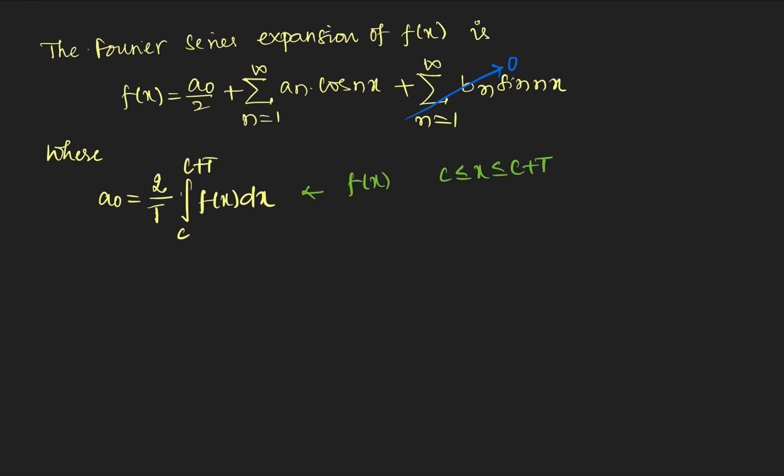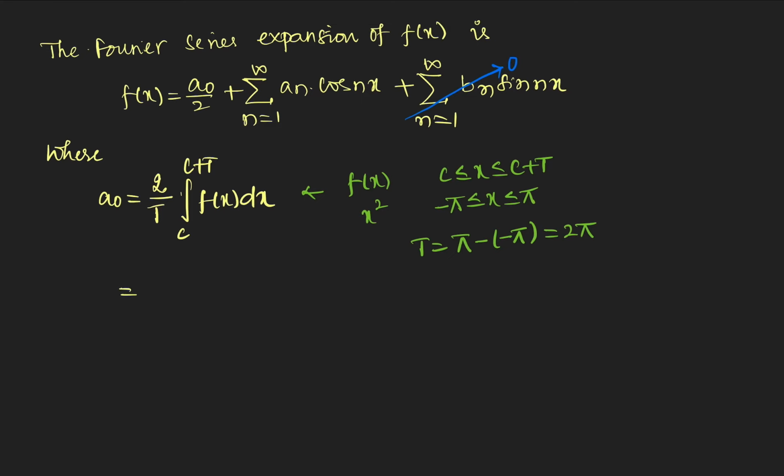But in the given problem, f(x) is x² in the interval -π ≤ x ≤ π. So the value of T is the difference between the upper limit and the lower limit, that is π - (-π) = 2π. T value is 2π.